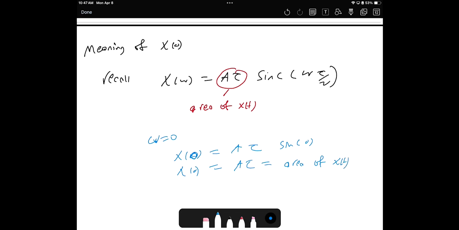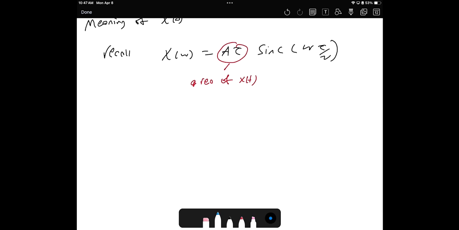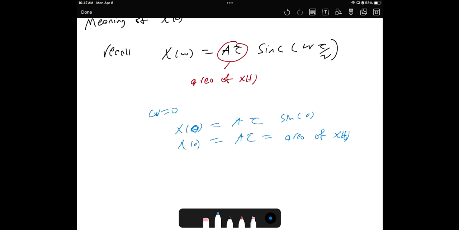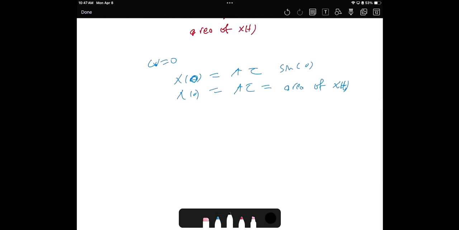Now the question is, is this valid only for this example, or is this valid for any Fourier transform? How can we know that? Basically, we will say that x of omega equals the integral from negative infinity to infinity of x of t e power negative j omega t dt. Now when omega equals 0, let's substitute x of 0.